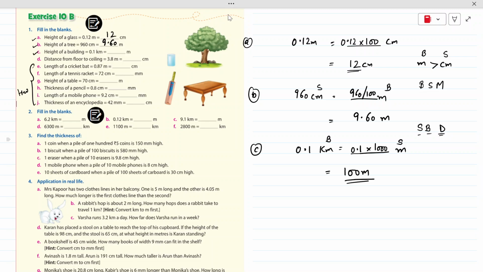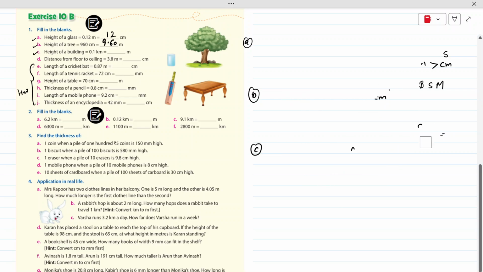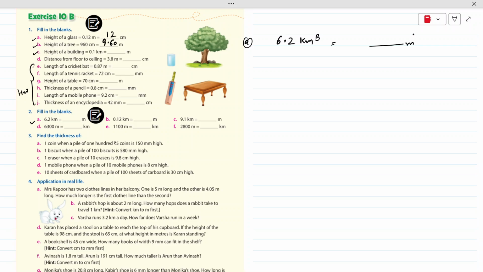Now, coming to question number 2, we have fill in the blanks. Again, we have a conversion here. Let me pick up question number A, which says 6.2 kilometer has to be converted into meters. So we are changing a bigger unit to a smaller unit, and whenever we have to do this, we have to use multiplication.